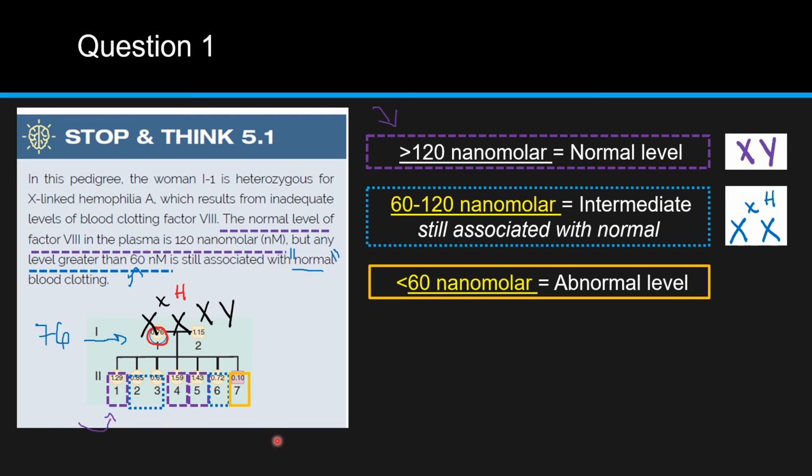And finally, this one could be a male that only has the faulty X chromosome and has the disease. Here we fuse the information from the genotype and the phenotypes, and it helps us establish some likely connections.